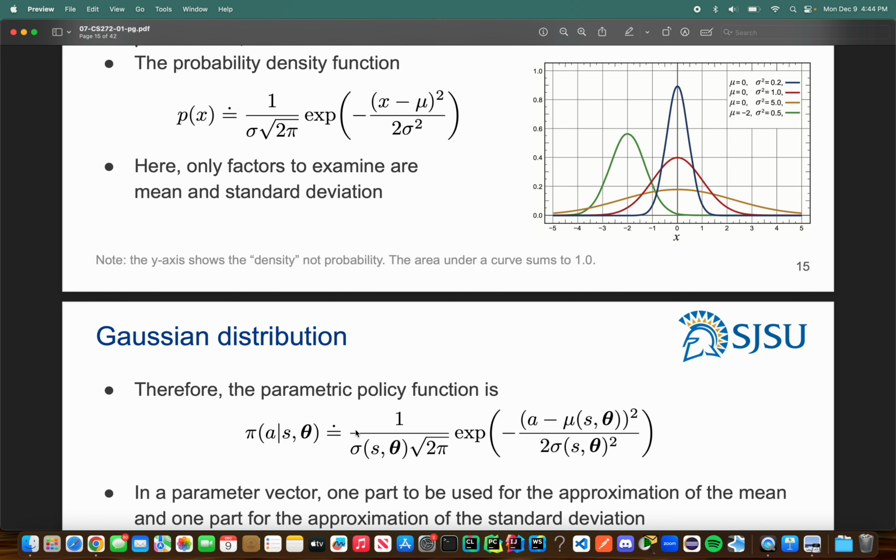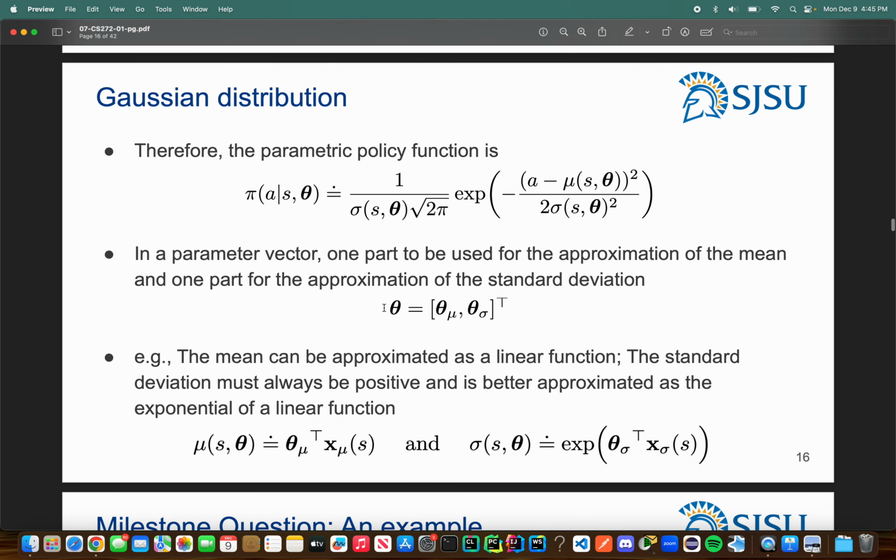And basically your mean and your standard deviation are the two components of your policy parameters. So right here, your parameter vector is expressed as theta mu and theta sigma. And right here, we provide a bit more on that.